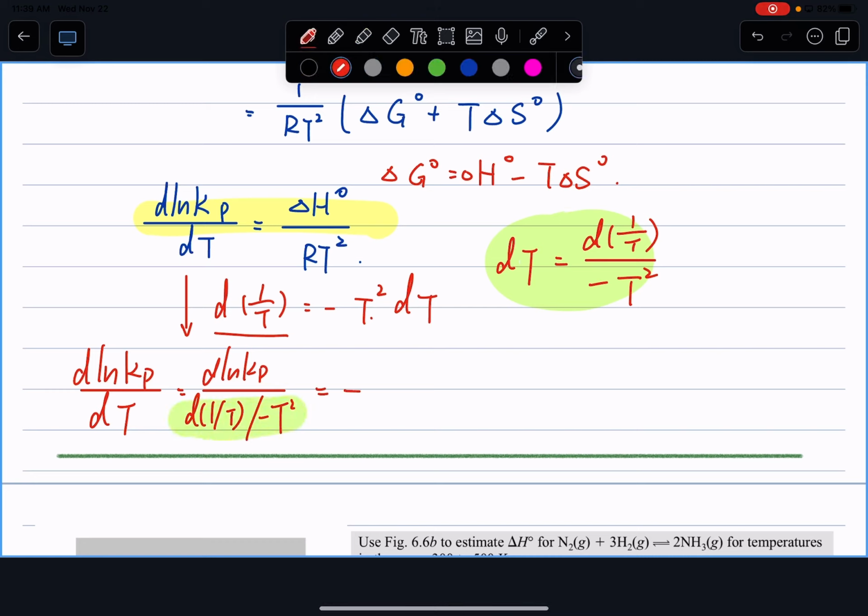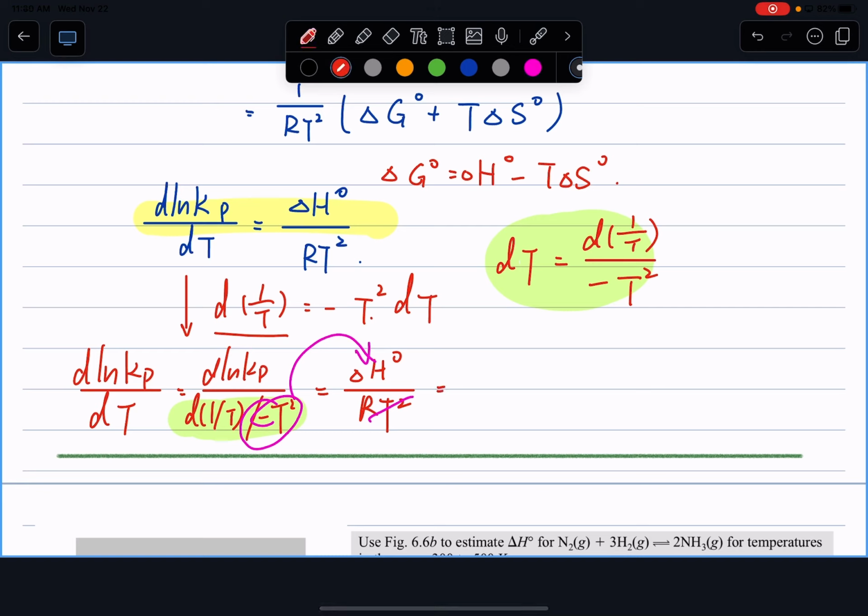And on the right-hand side, you have the delta H naught over RT squared. Now, this term, if you move it on the right-hand side, you cancel out that T squared on the bottom.